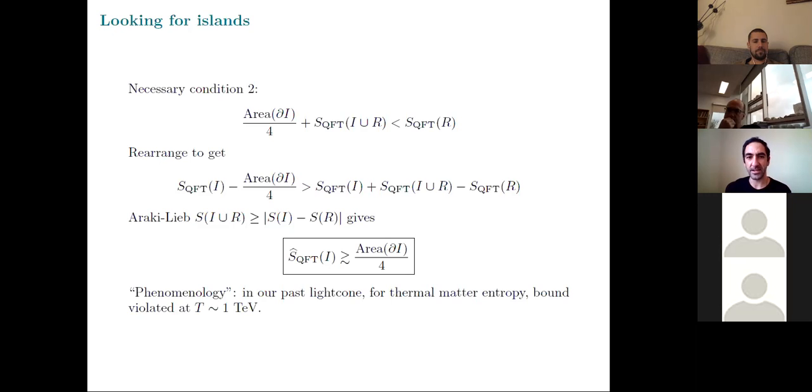We didn't really know what to make of it. We don't think it means that there's an island at this time, something like 10 to the minus 14 seconds, basically because in that situation the other necessary condition won't be satisfied. But anyway, this is just a fun sidebar. It's not going to appear again.